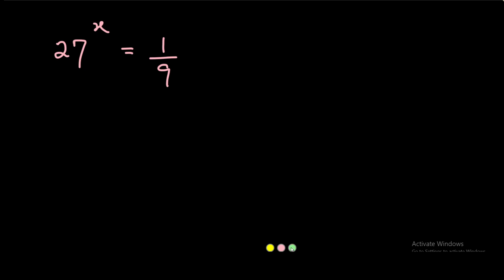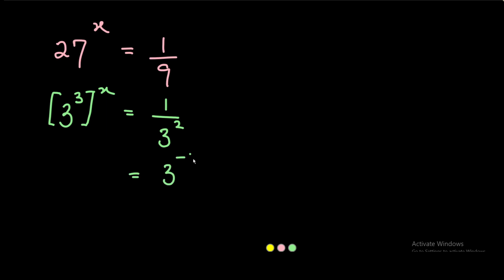So what we're going to do is see what these numbers 27 and 9 have in common in terms of base. We know that 27 can be written as 3 to the power of 3, okay? I'll put that in brackets, and this is to the power of x. And this 9 can be written as 3 to the power of 2. Then we can write 1 over 9 as 3 to the power of negative 2.